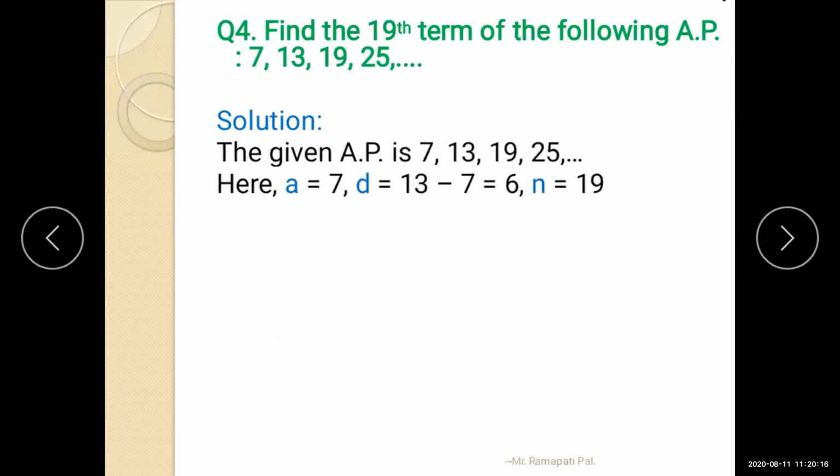Okay. So A is equal to 7, D is equal to 13 minus 7, which is equal to 6, N is equal to 19. Is it clear? Because we have to find out the 19th term.